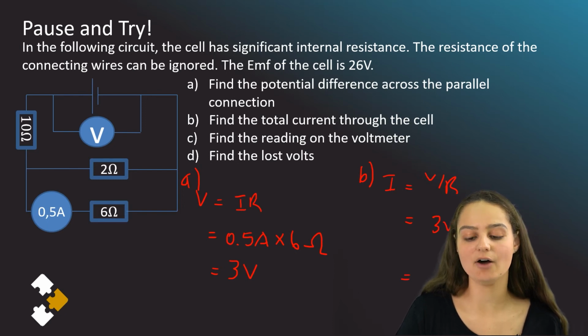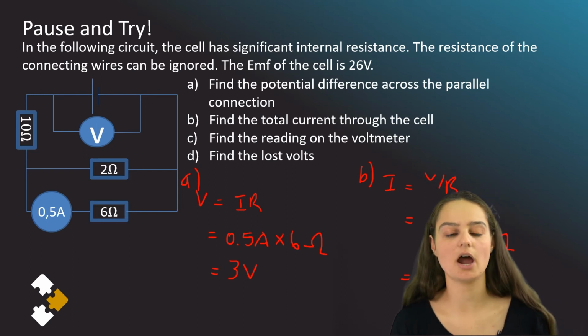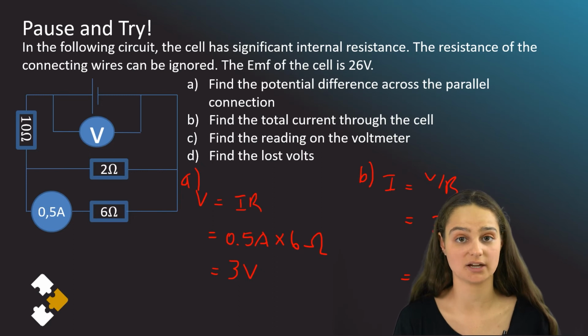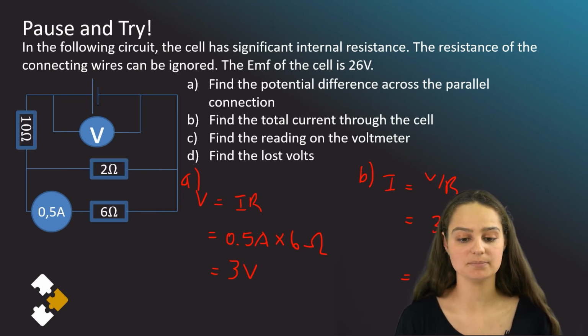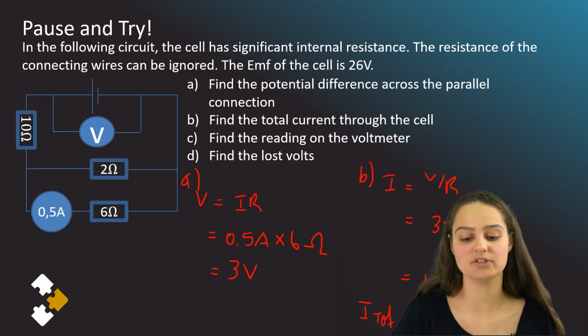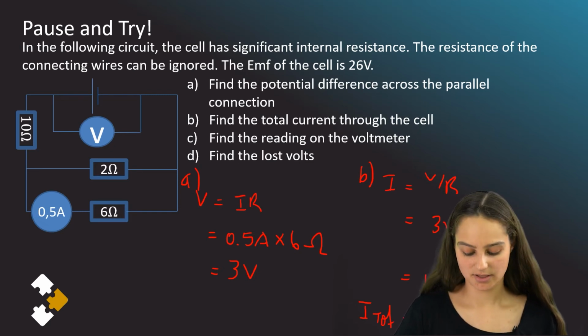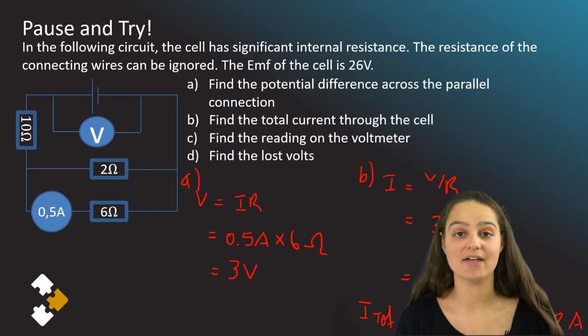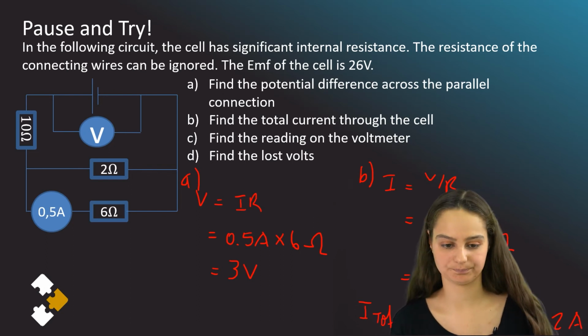And if we work that out, that comes to 1.5 amps. So that is the current that's flowing through that top branch, and we've been given the current for the second branch, which is 0.5 amps. So we can find the total current, I total, which is just the sum of these two, so 1.5 amps plus the 0.5 amps, which gives us a total of 2 amps. And this is then the total current through the cell.